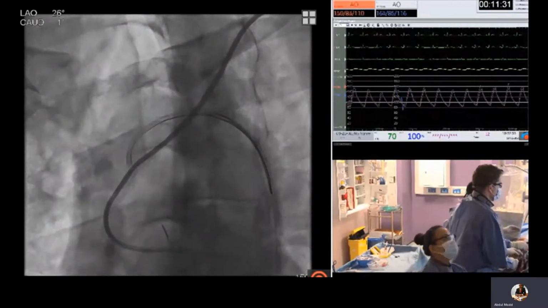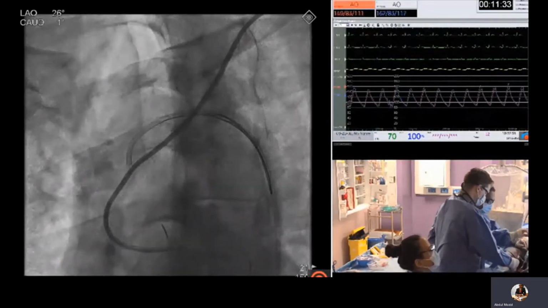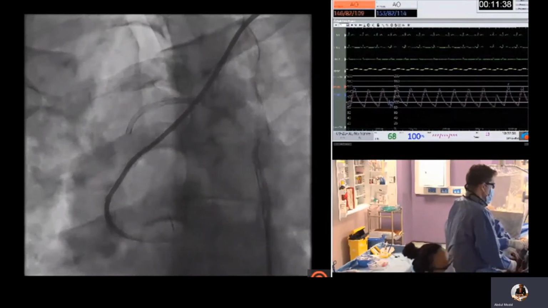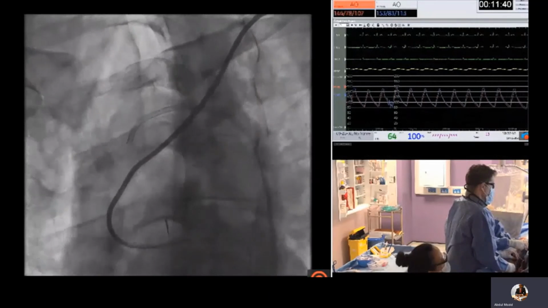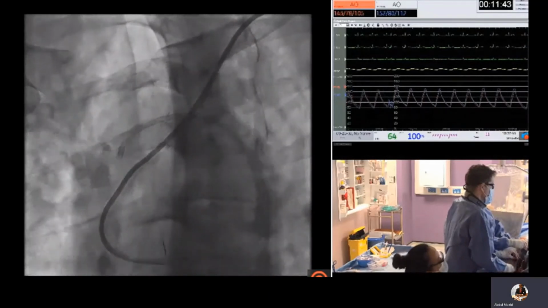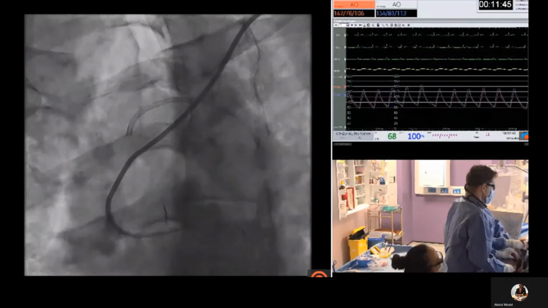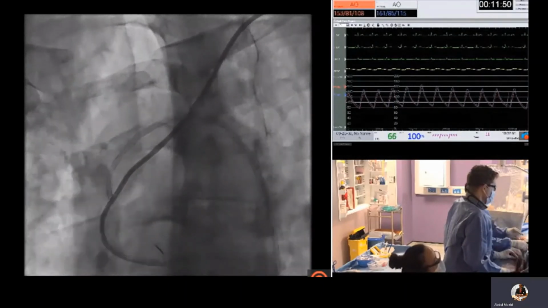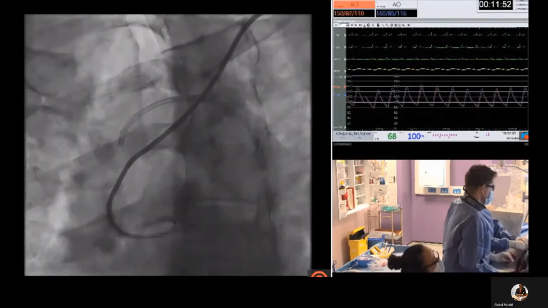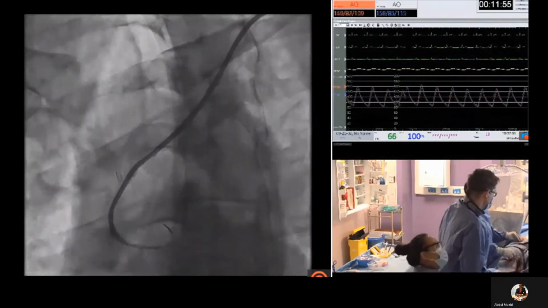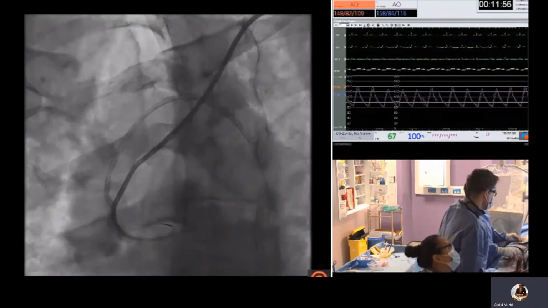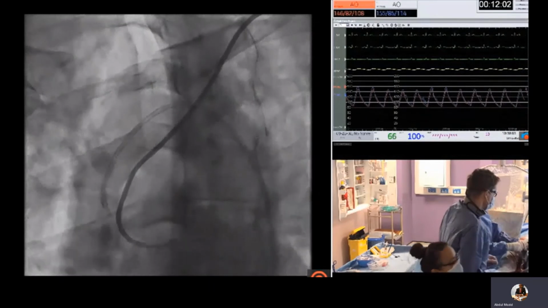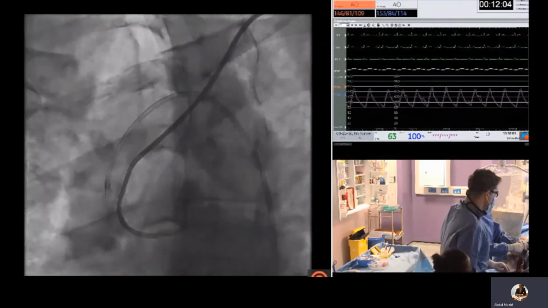Now it's pulled into the guide catheter, and this is again a 2-operator process where one operator pulls out the snared wire whilst the other advances the RG3. You can then pull tension on the wire to advance the guide into the root.